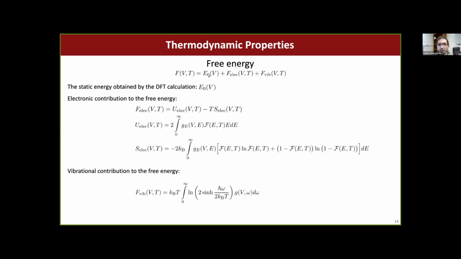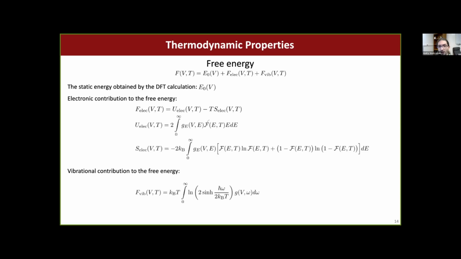In our case, you have three terms which contribute to free energy. It's a static DFT calculation, E0, which depends on volume. And you have free energy coming from electrons, which is defined by internal energy and electronic entropy. This information you get from the electronic DOS, which here is defined as g_E.